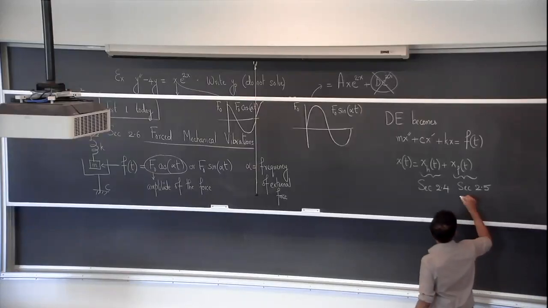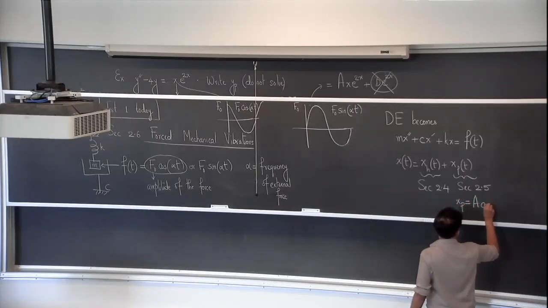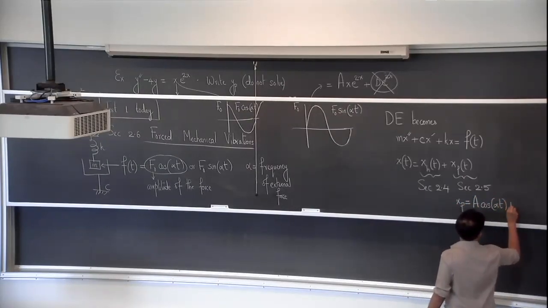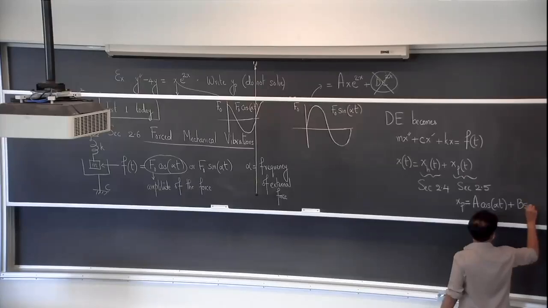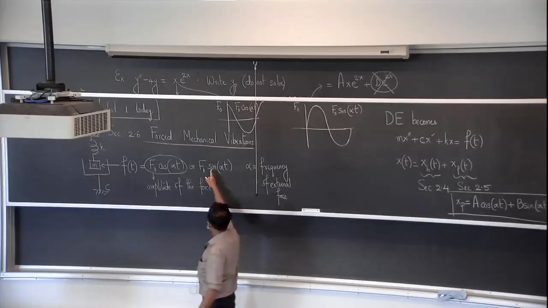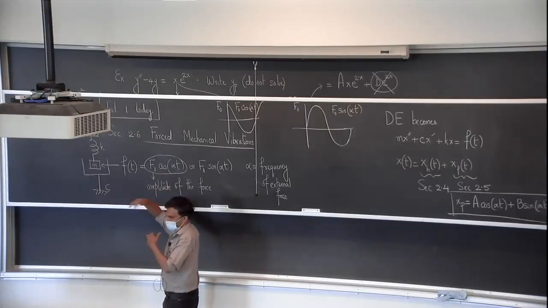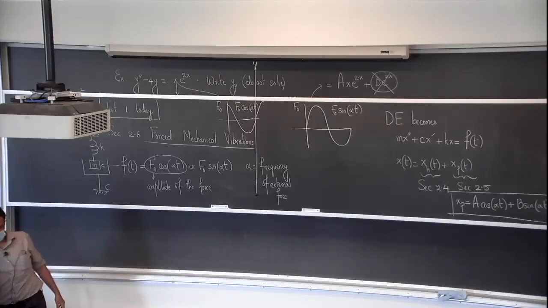Section 2.5, and our guess xp always would be a cosine of alpha t plus b sine of alpha t, because no matter whether it's sine or cosine, based on what we discussed yesterday, the initial guess should be always the sum of cosine and sine.